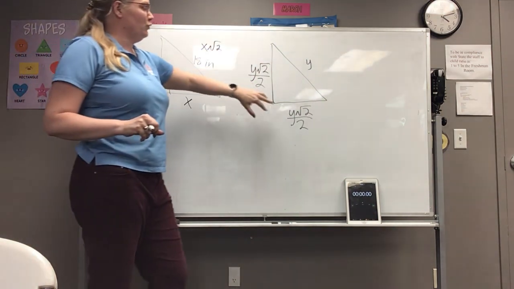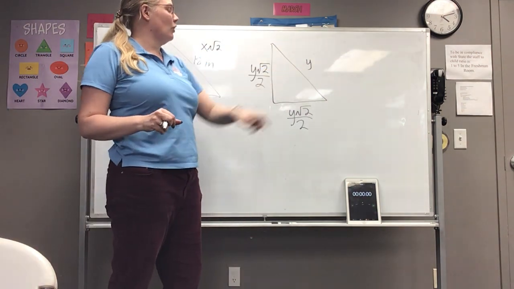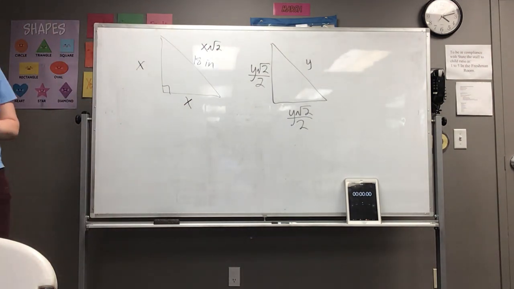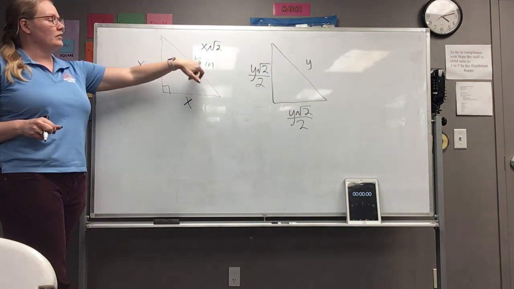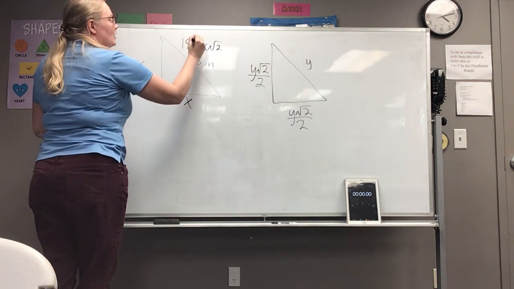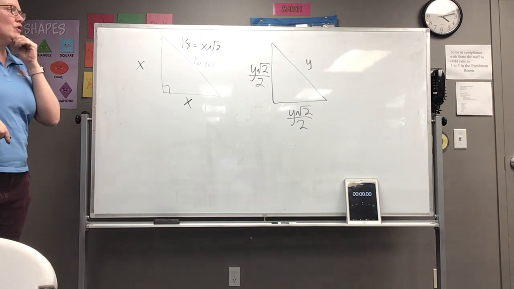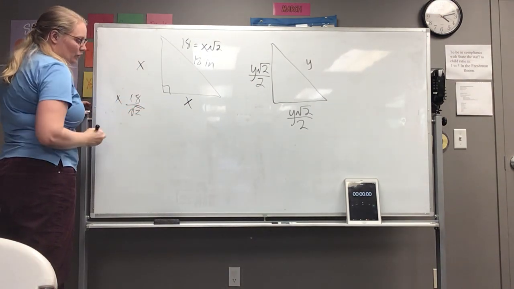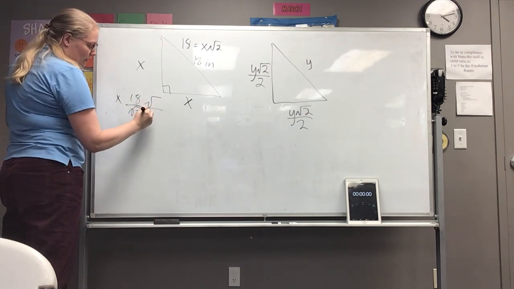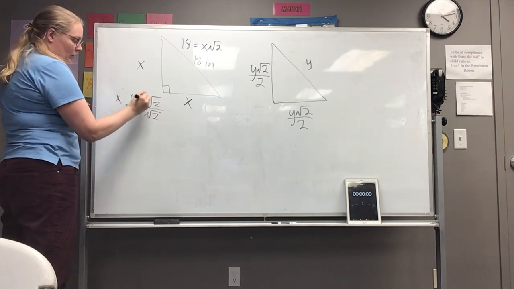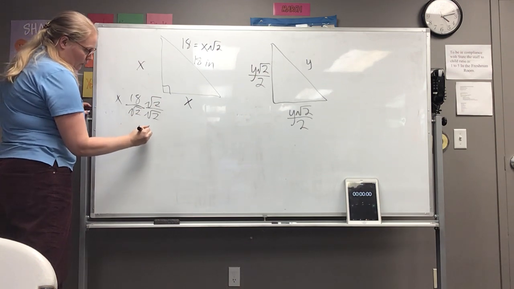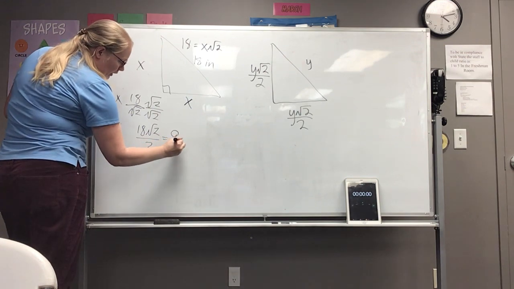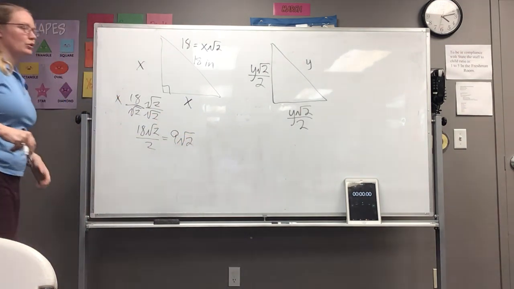This is kind of derived from that, as if you start with this side instead, that's what you'll end up with. But you could very well start by solving 18 is equal to x square root of 2. So x equals 18 divided by the square root of 2, rationalizing the root. You end up with 18 square roots of 2 over 2, which equals 9 square roots of 2.